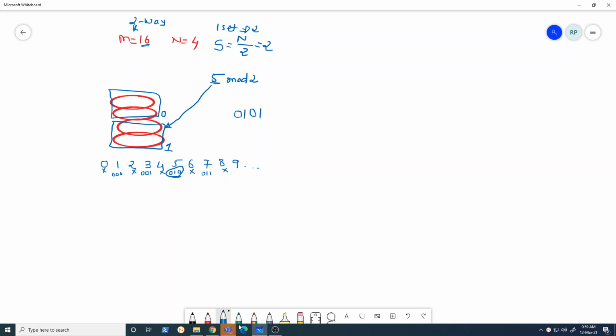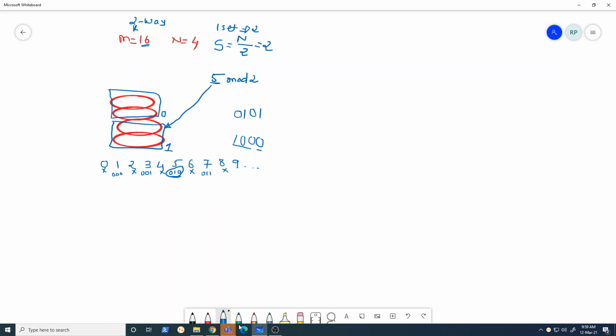Suppose we want to find out for block number 8. Now we can find out, right? If I divide 8 by 2, I get 4, then 2, then 0. This will go in the tag and this is your set, right?